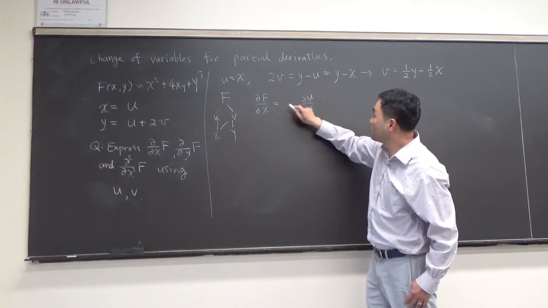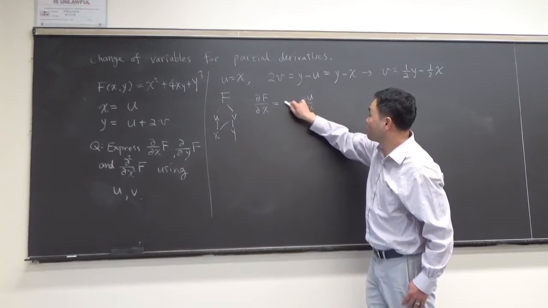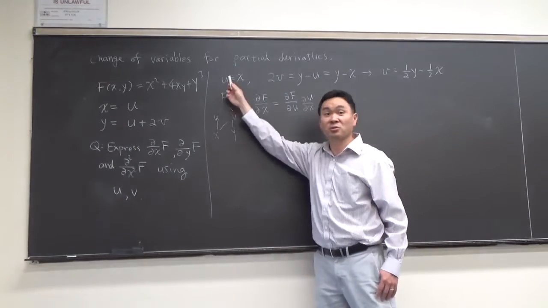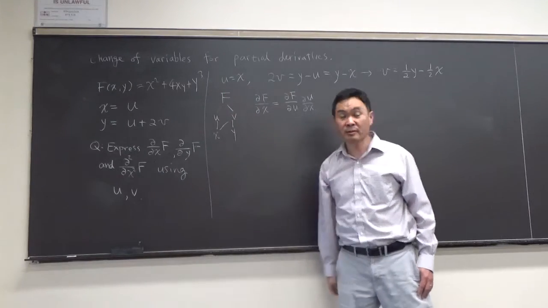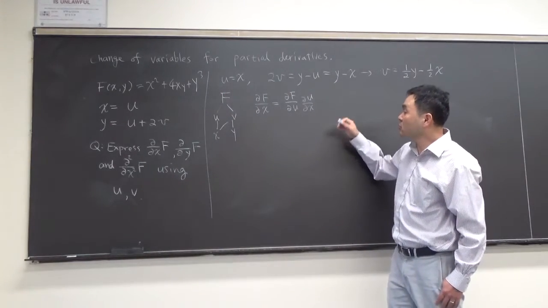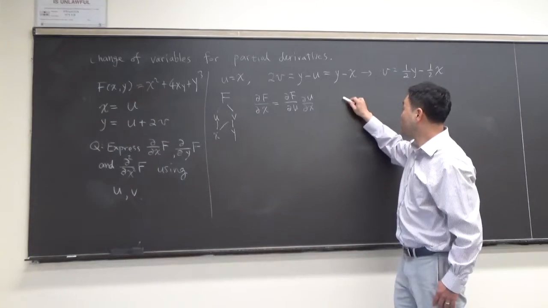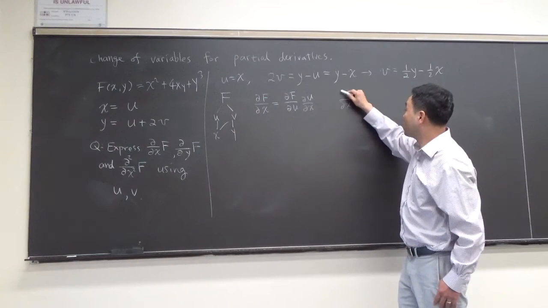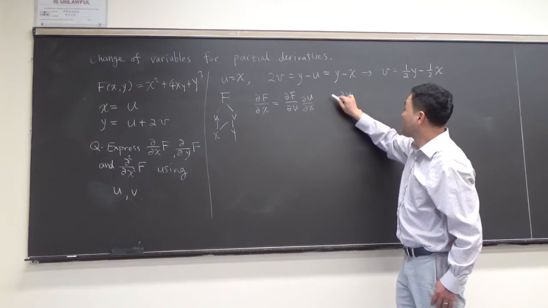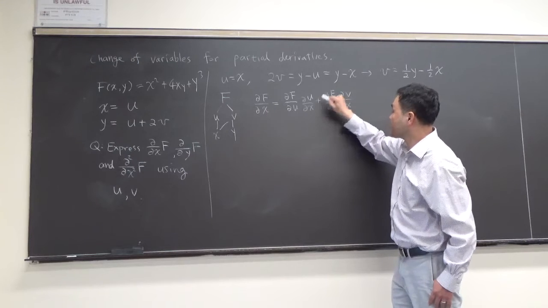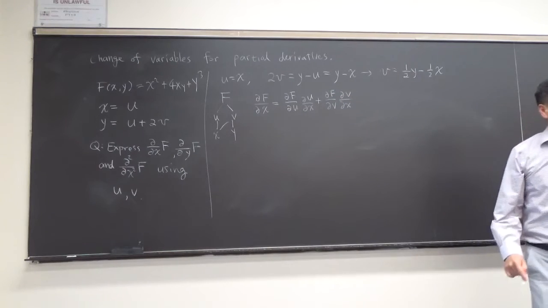And then the change of the value of u will bring a change to the value of f. That's one way that x influences f, going through this path, right? But then there's another way that a change of x influences f, which is that a change of x will bring a change in y, in v, and then a change in v will bring a change in f. And that's called the multivariable chain rule.